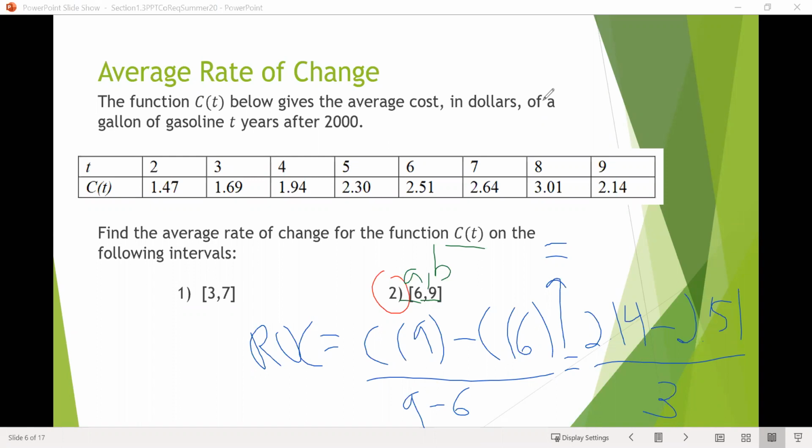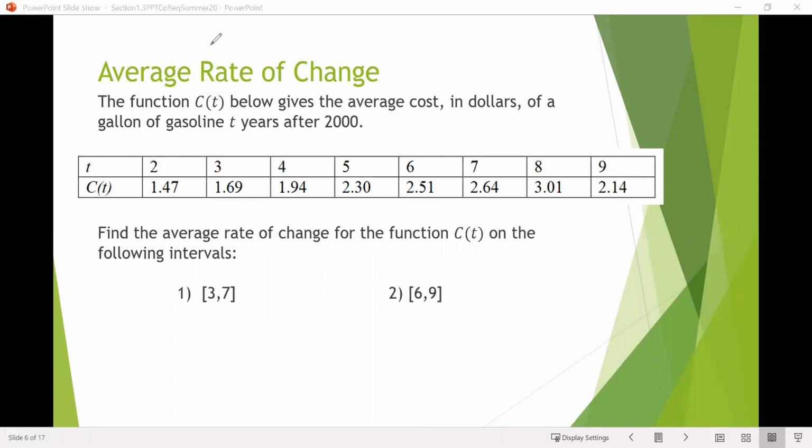All right, looks like we get negative 12.3, and again, this is dollars per year. So this would be 2006 to 2009, and our average rate of change was negative, which makes sense, because you notice the price of gas went down. So that is calculating the average rate of change over an interval using a table.